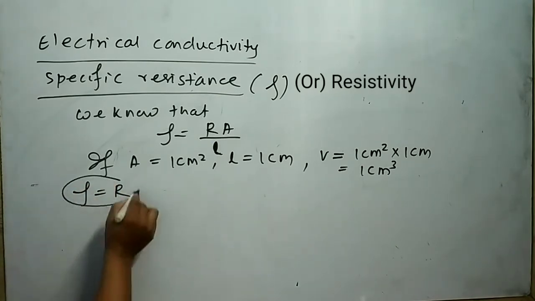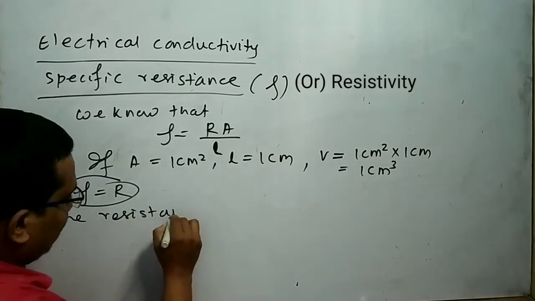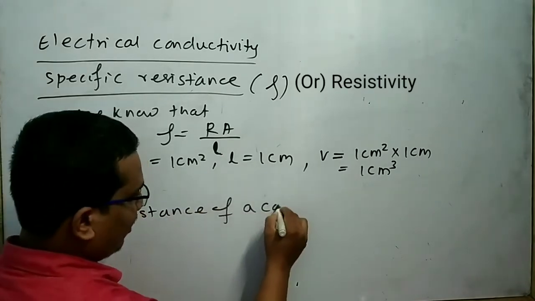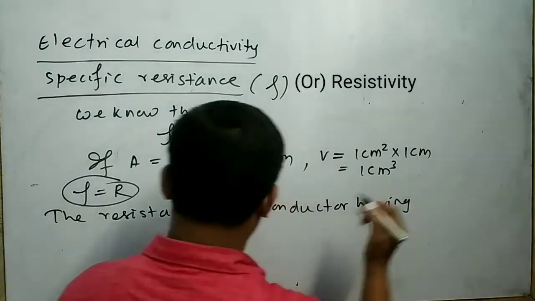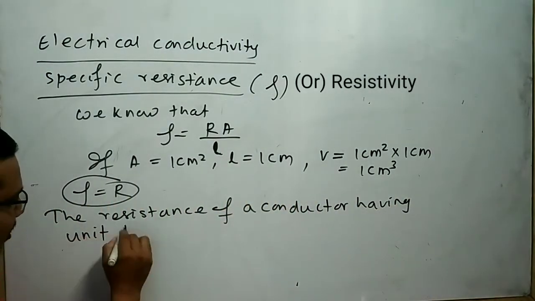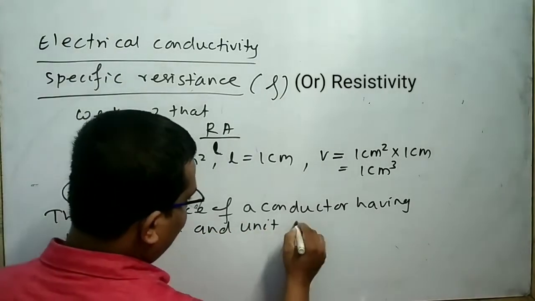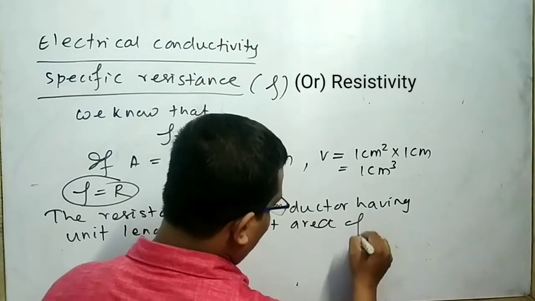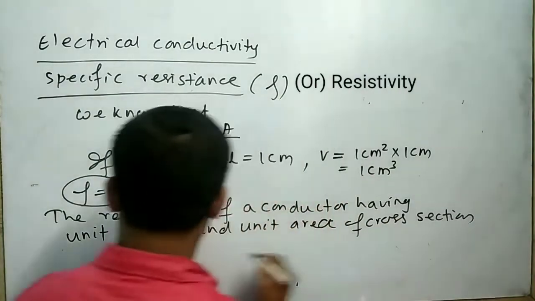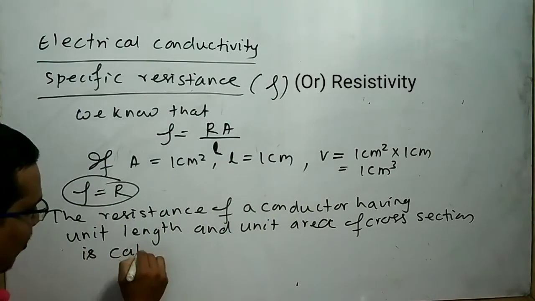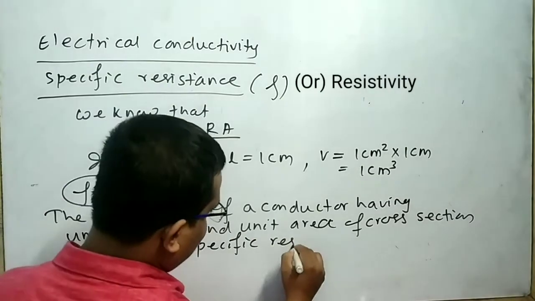From this it is clear that the resistance of a conductor having unit length and unit area of cross section is called specific resistance.